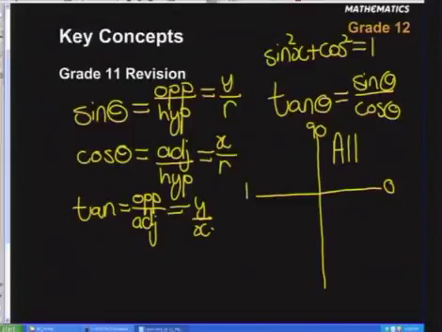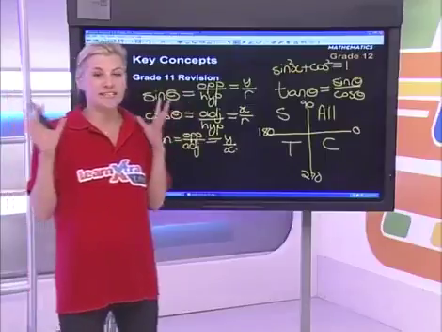From 90 to 180, that is our second quadrant, and the only trig ratio that is positive in the second quadrant is sine. Then in the third quadrant it is tan only that's positive, and in the fourth quadrant, it is cos only that's positive. Right, so this is some of the basic information.